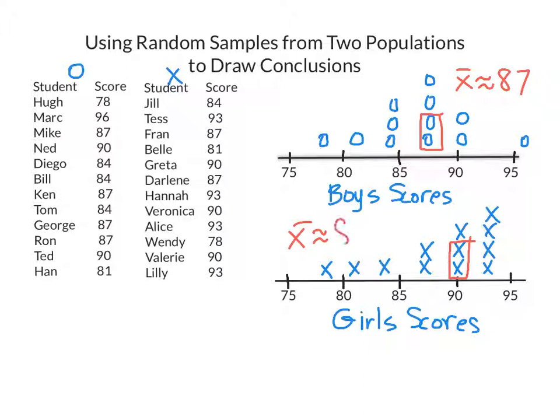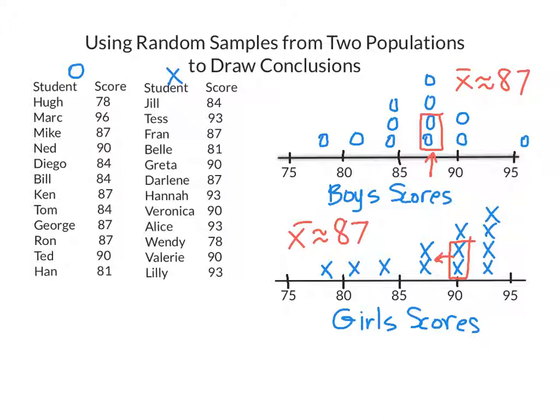Maybe 87 is a little low, maybe more like 88. But I wanted to estimate the mean based on the shape. Again, because it's skewed data, it's going to be slightly to the left, whereas with symmetric data, the median and the mean will be about the same place.